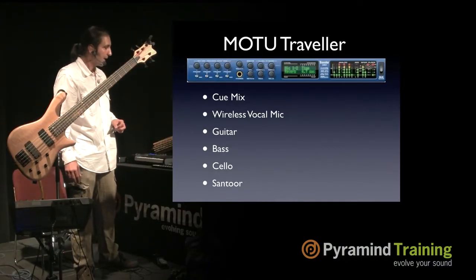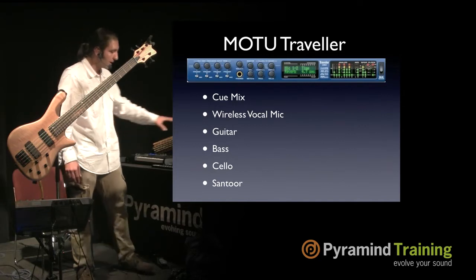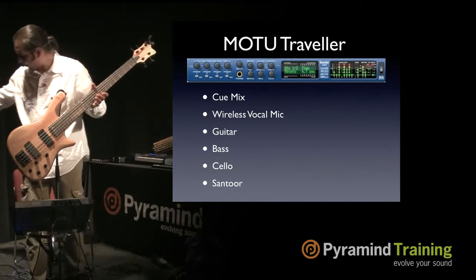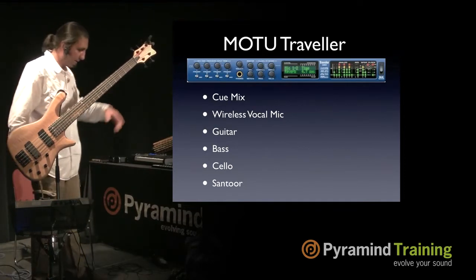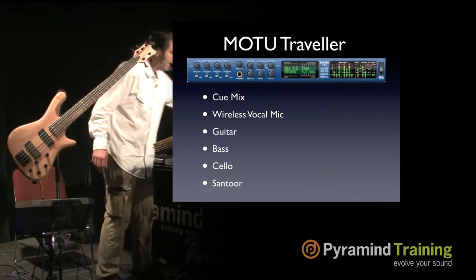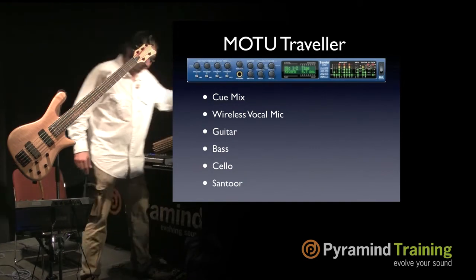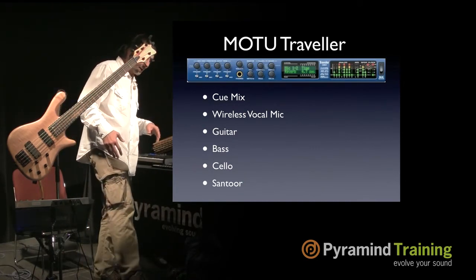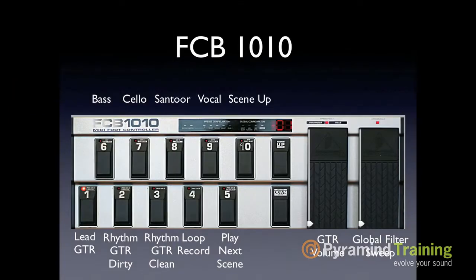I have a lot connected into the Motu Traveler. Not only do I have a whole bunch of audio going into it, the bass, the guitar, the cello, and the Santor, I also have a MIDI in and out. And that's controlling, let's just say, the one side of the heart, and that's the FCB 1010.